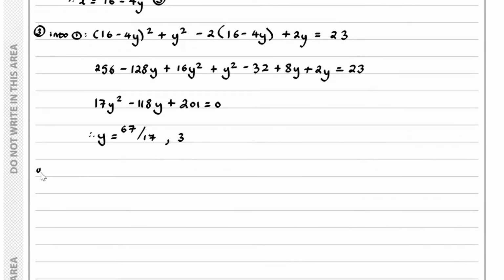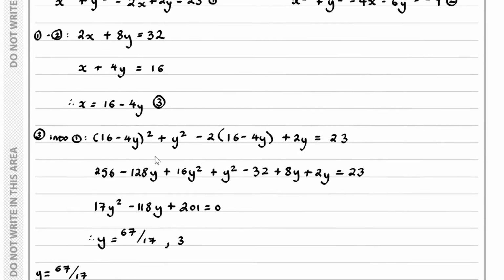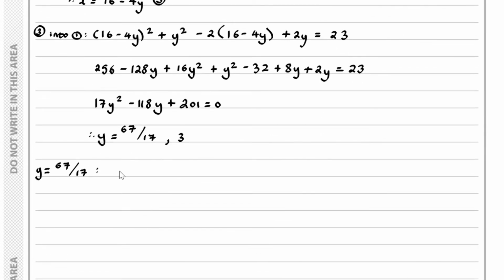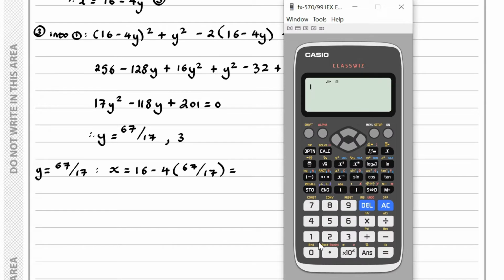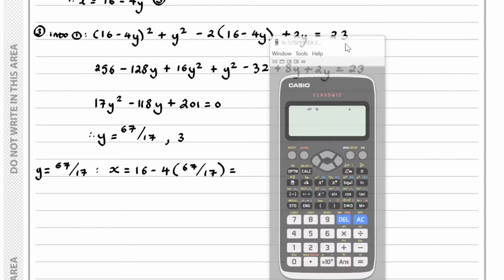So when y is equal to 67 over 17, what we can now do is substitute back into equation 3. So here we've got x equaling 16 minus 4 lots of 67 over 17, and if we work this out, 16 minus 4 times by 67 over 17, you'd find that to be 4 over 17.